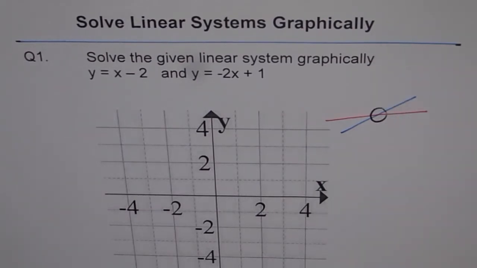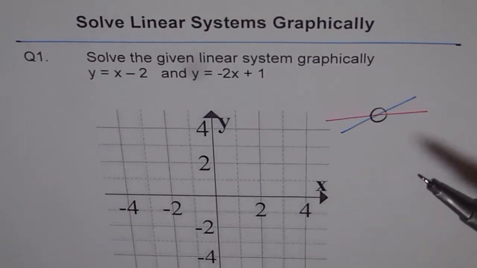The other method is the algebraic method, where we use substitution and elimination. Once you are done with graphical, you get a good picture of how the solution should be, and what type of solution you are looking for, and then explore the algebraic solutions also.